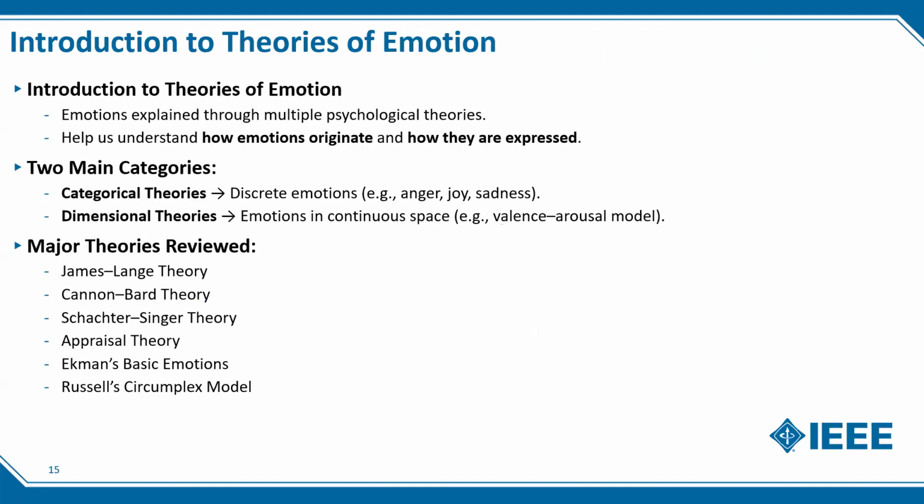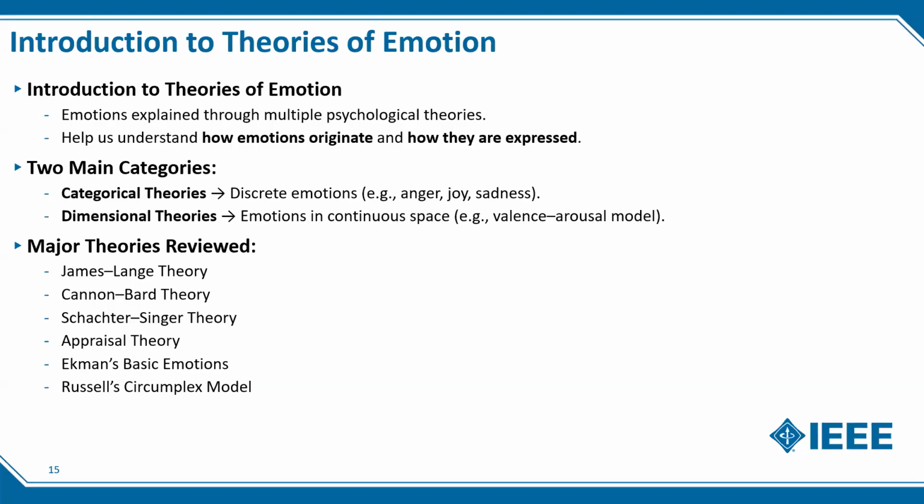Now let me quickly introduce some of the theories of emotion. Emotions are explained through multiple psychological theories, and these theories help us understand how emotions originate and how they are expressed. Two main categories are there.